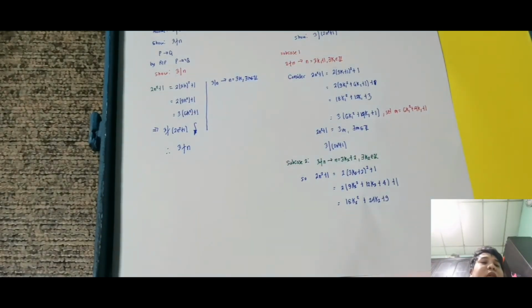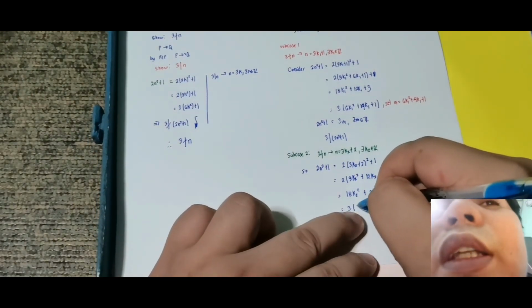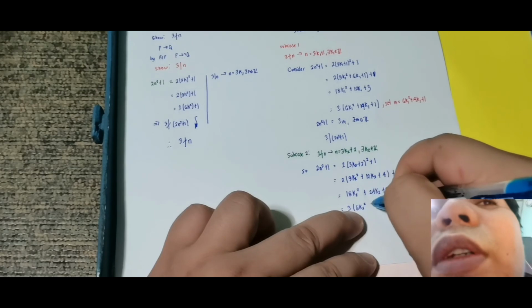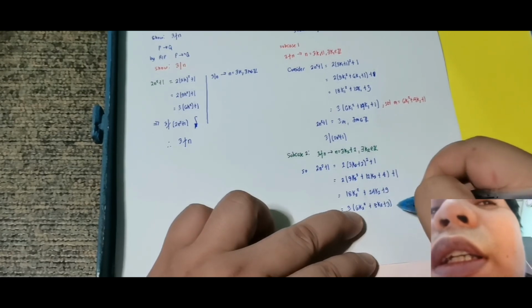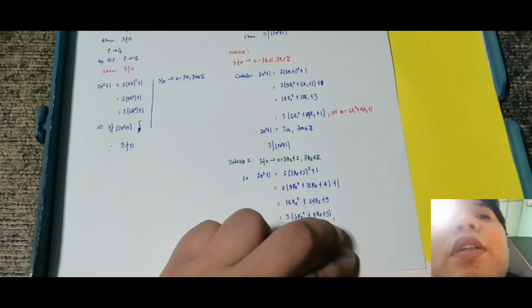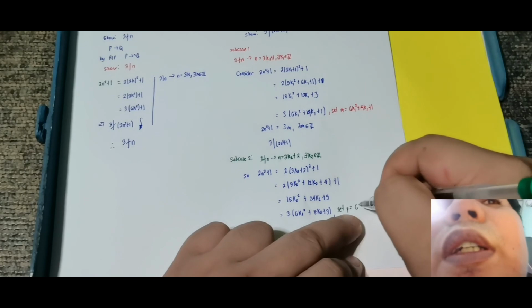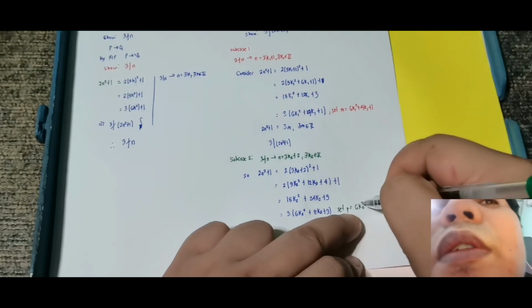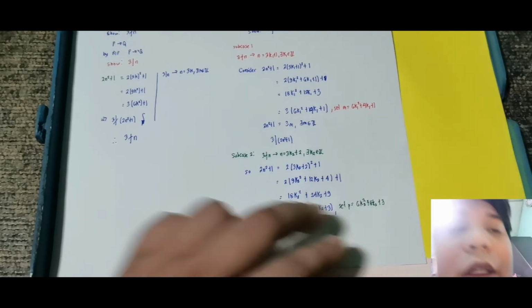Okay, so pansin nyo, divisible by 3. So this is equal sa 3 times 6k sub 2 squared plus 8k sub 2 plus 3. So set lang natin ulit. So, set natin na si p naman to. So, set p to be 6k sub 2 squared plus 8k sub 2 plus 3.